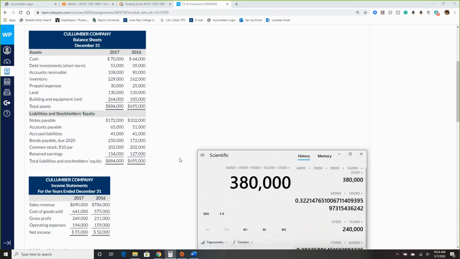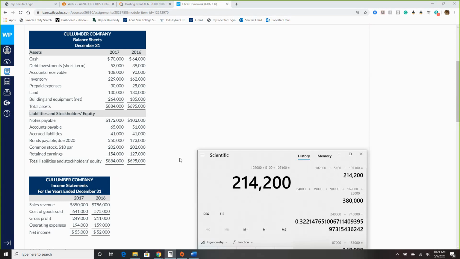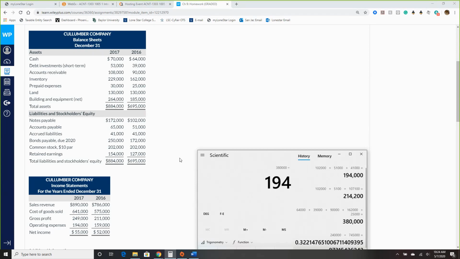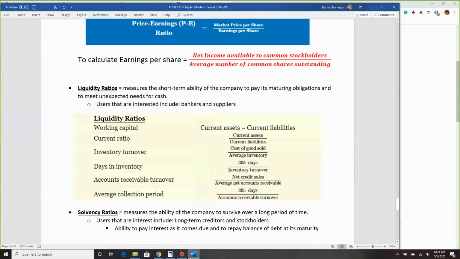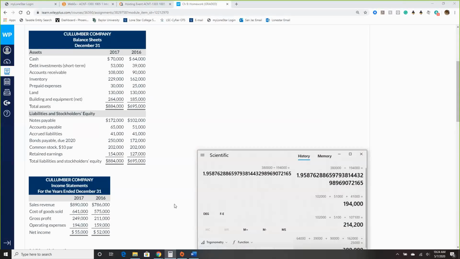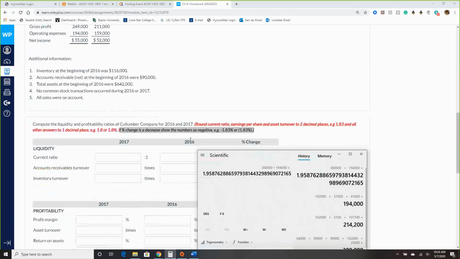Okay. So we're going to go ahead and add these. There's 194. Make sure I did that formula right. Current assets. Yep. So I got 1.96.